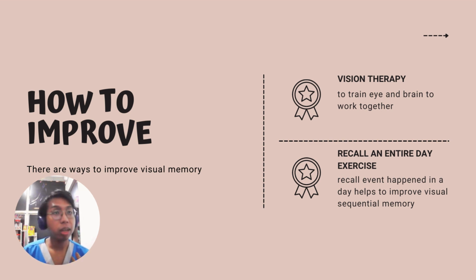Maybe at first he couldn't remember, but you at least try to make the question more specific, like what did you eat, how did you go to school, and all that. And then doing this every day would lessen the questions and move towards them retelling the story from A to Z. This is how we can improve visual sequential memory and also the overall visual memory.